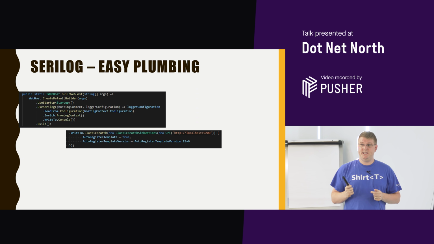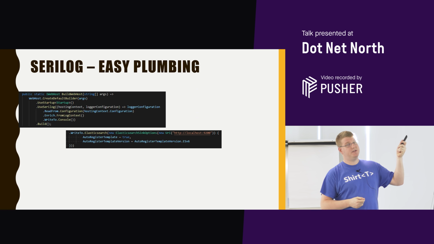Again, really easy plumbing. This time it's on the web host rather than on the application builder, which there are ways to do through the application builder as well, but this is the default implementation that they do. There are advantages to doing it the other way, but I won't go through all those.